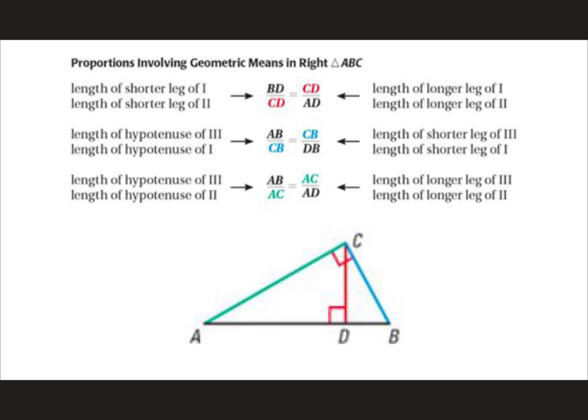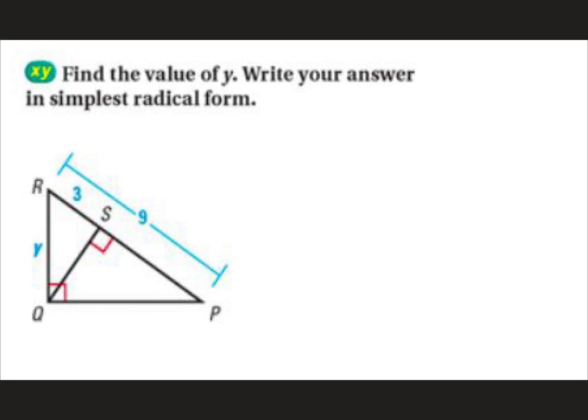Okay, now we can pause this video and we can write out all of these different proportions involving the geometric mean, but I think it's better to redraw the triangles and try to figure out the corresponding parts rather than trying to memorize all of these different proportions. And you can if you want, but I think it's good to redraw the triangles and look for the corresponding parts. Okay, find the value of X, write your answer in simplest form.